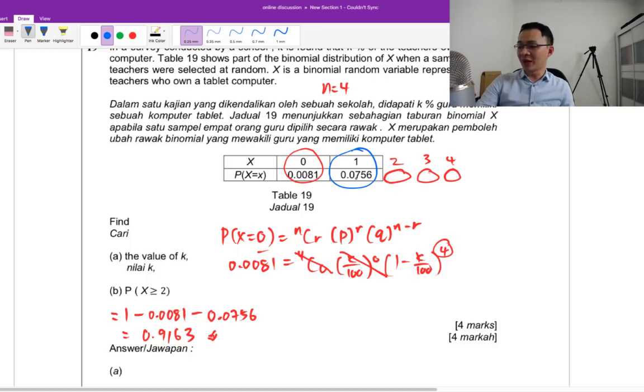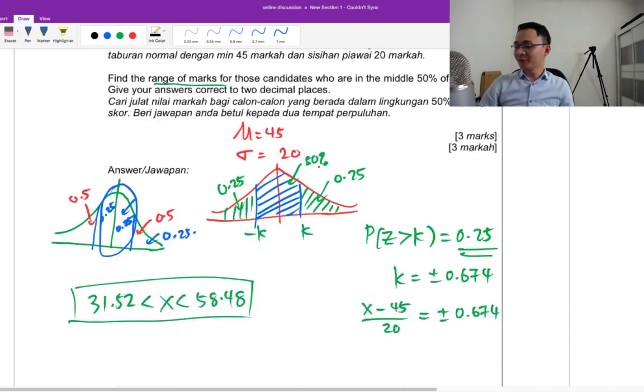If you choose the 1 and 0.0756, you will have a more difficult calculation, but you will still get the same answer. Over here, the question doesn't ask you to use which one. Because I want to find the k, I need to use the information I have to find it. I hope you can understand.